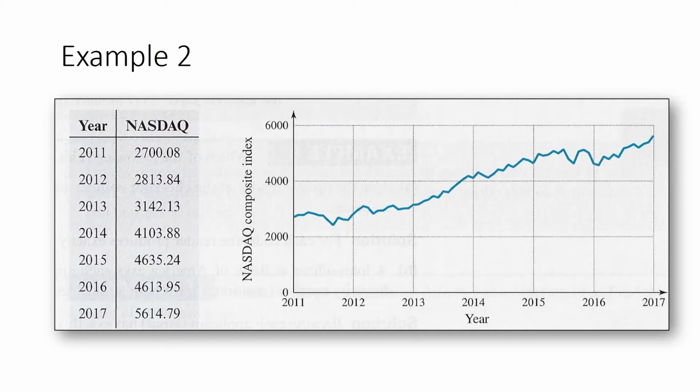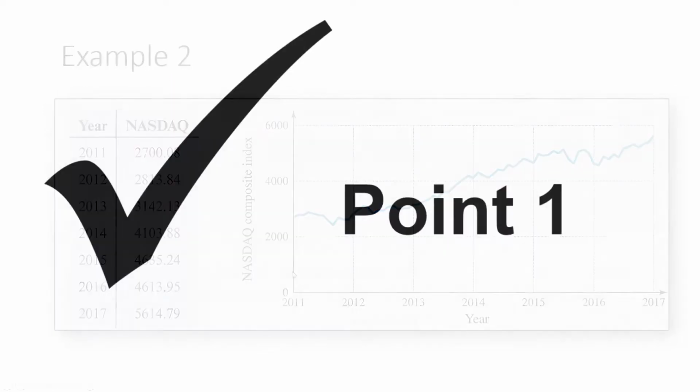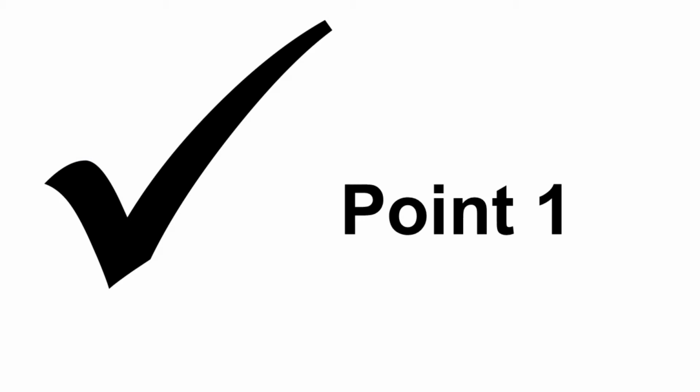Please note that in this example, we show the typical arrangement where the domain is in the first column and also on the horizontal axis, and the range is in the second column and on the vertical axis. Pause the video now and work on checkpoint 1.